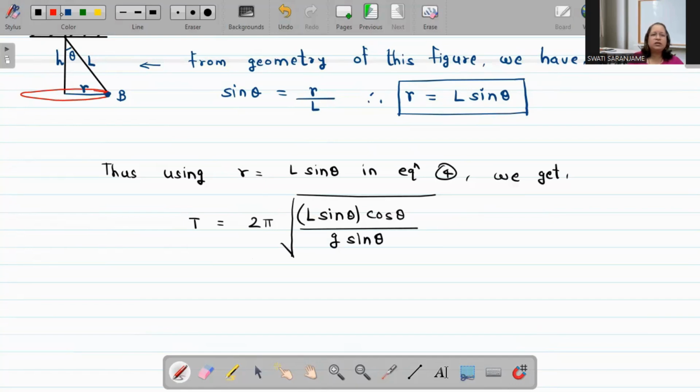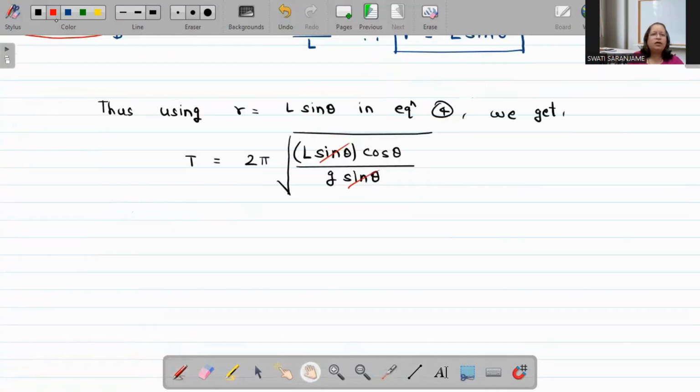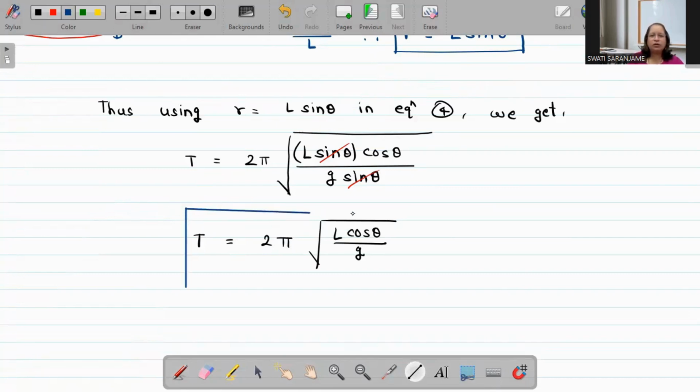So here we see sine theta is the same, so it will get cut, and we are now getting our final expression for periodic time of a conical pendulum as T is equal to 2 pi under root L cos theta by g. Yes, this is the required expression for periodic time of a conical pendulum.